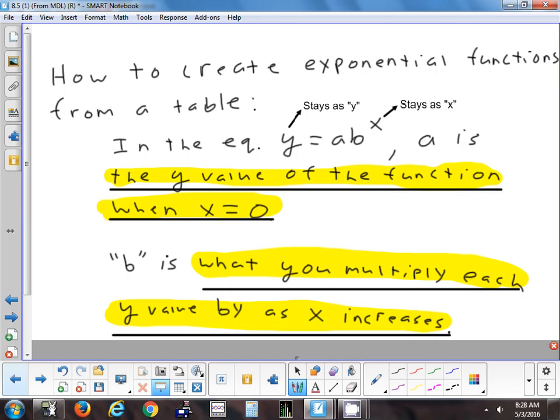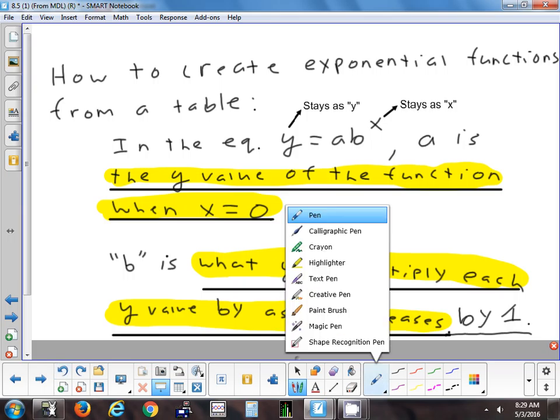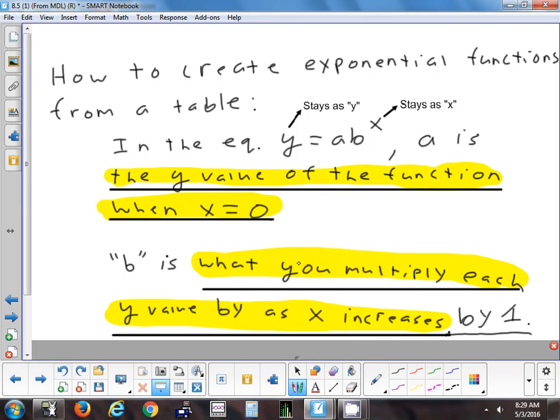Just like when we found the slope, the number we plugged in with x was always the slope. But again, y stays as y, x stays as x. The only things that will be numbers are the a and the b. When we look at that next table, example 1, it'll make a little more sense to you guys.